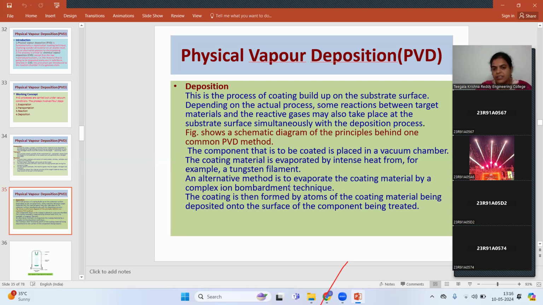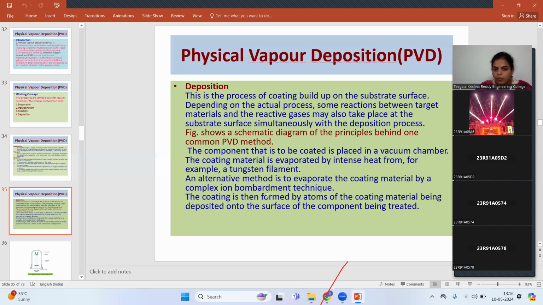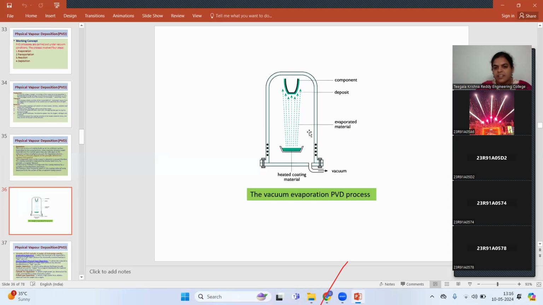An alternative method is to evaporate the coating material by ion bombardment, and the coating is formed by atoms of the coating material being deposited onto the surface of the component being treated. This is the schematic diagram of the PVD method. Here are the component, the deposit and evaporated material, the vacuum, and the heated coating material. This is the vacuum evaporation PVD process.